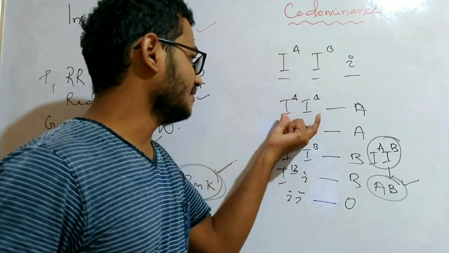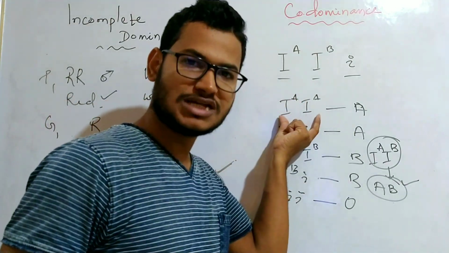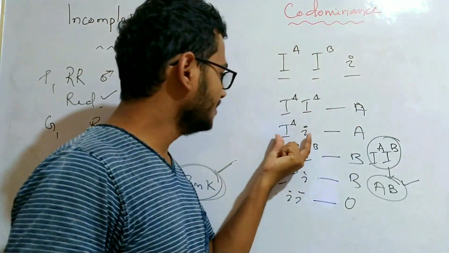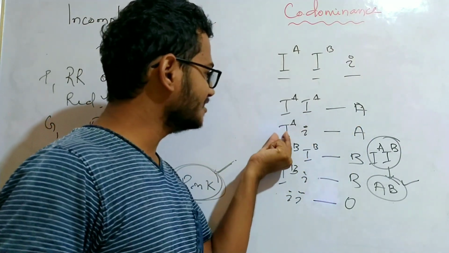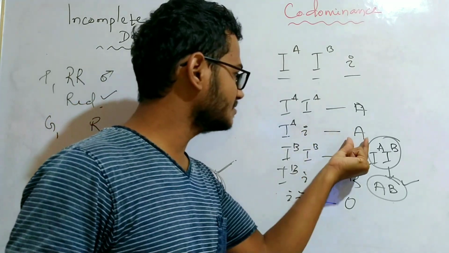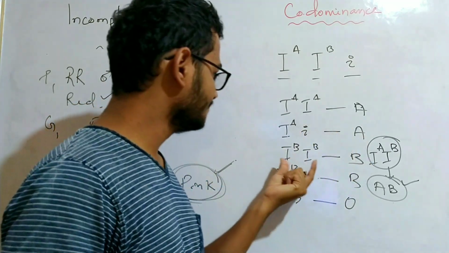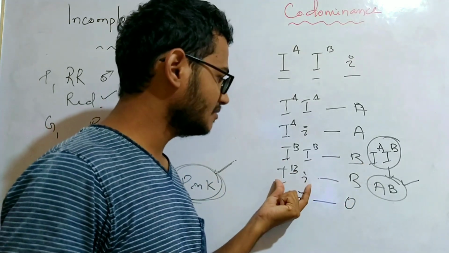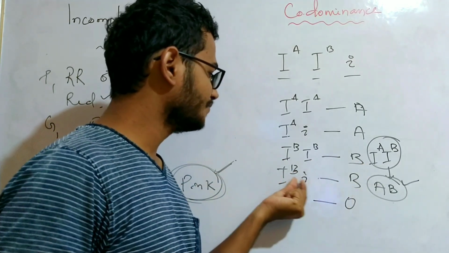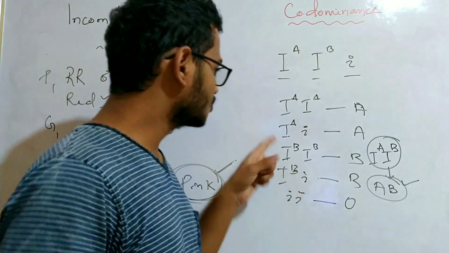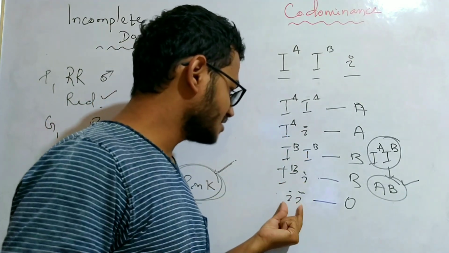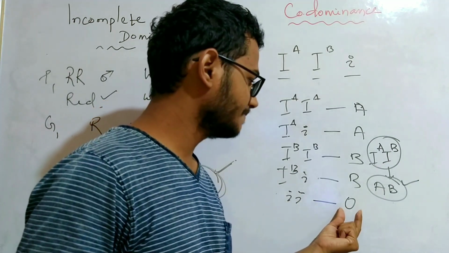How? IA IA is homozygous, so it represents A blood group. IA small i is heterozygous, but IA is dominant over small i, so it represents A blood group again. IB IB is the homozygous condition, so it represents B blood group. IB small i represents B blood group because IB is dominant over small i. So IA and IB are dominant over small i. Small i small i represents O blood group.